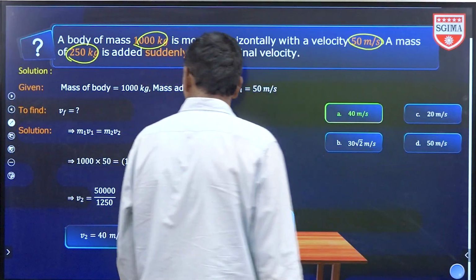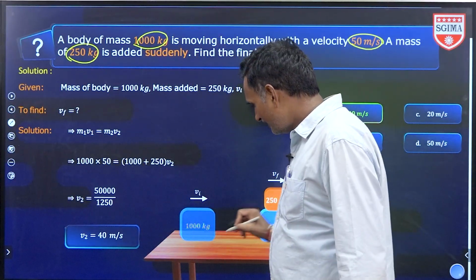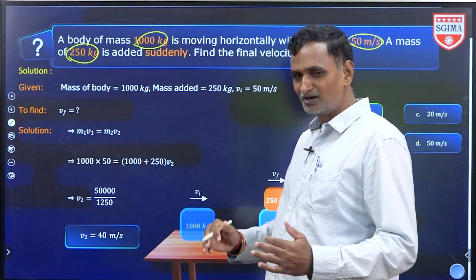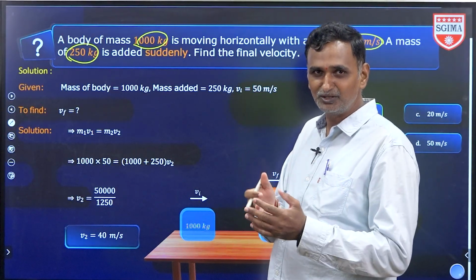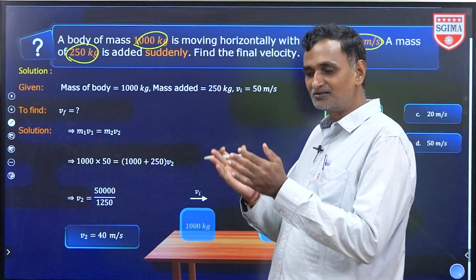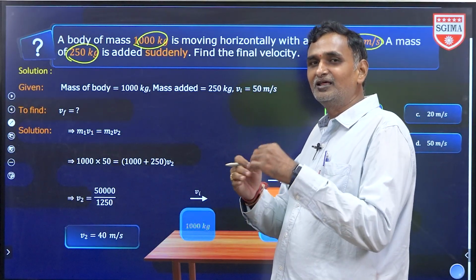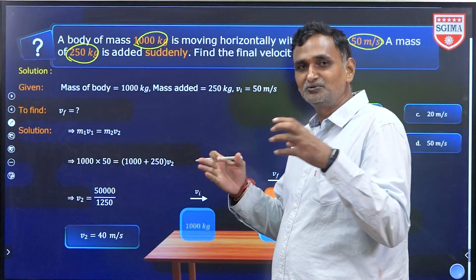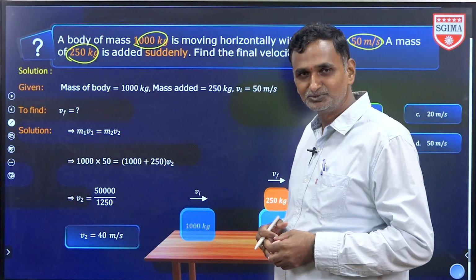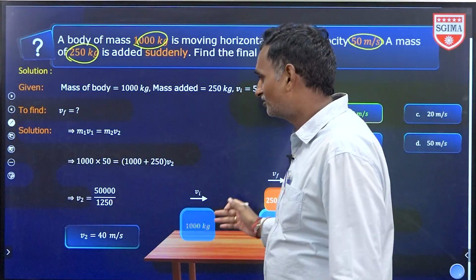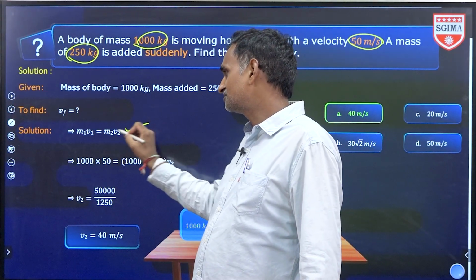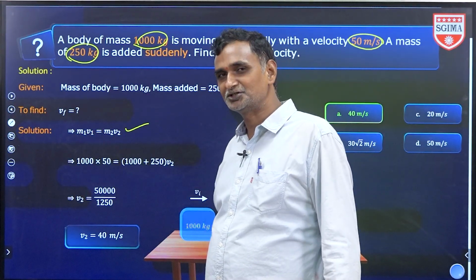So here we can take the adding as an internal process, meaning no external force is applied on the first body; it is just placed suddenly, and there is no external force acting on the system. So final momentum equals initial momentum. Now let us see momentum conservation: final momentum equals initial momentum.